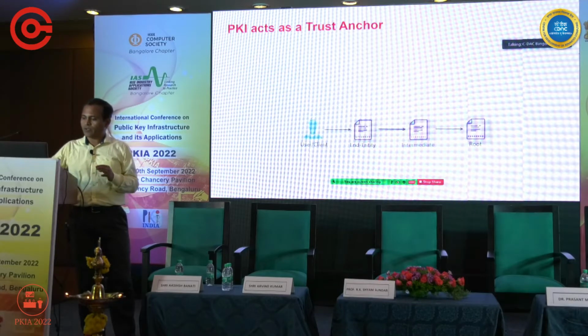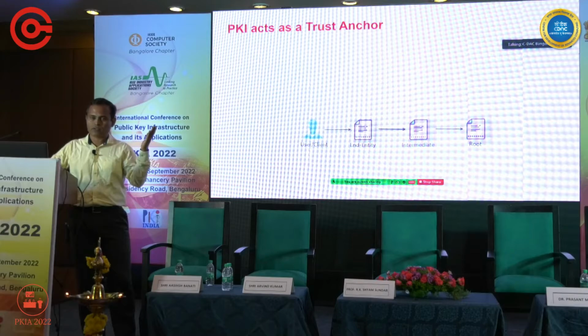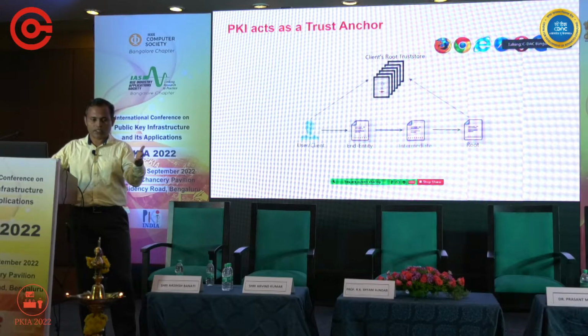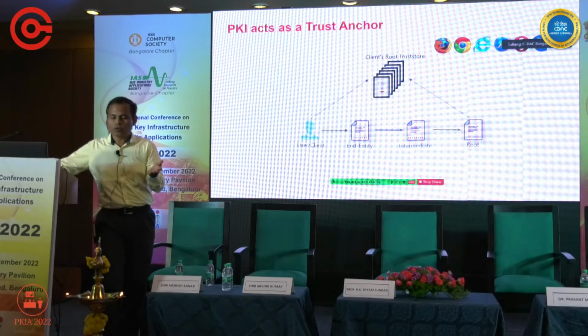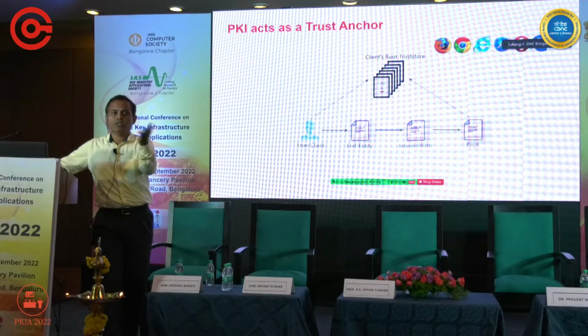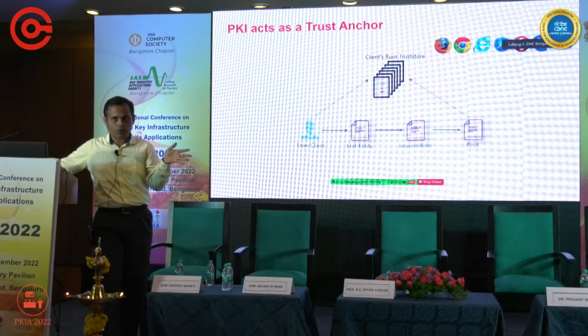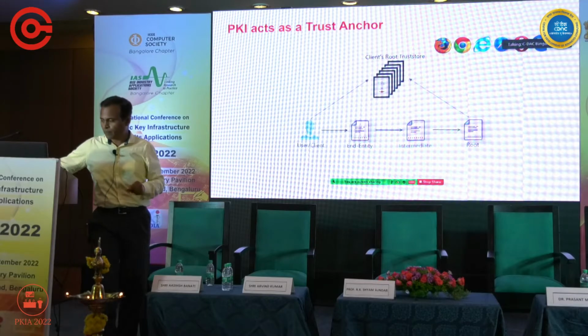If you want to verify a chain, you have to have a reference, and that reference is this set. This set is called the root trust store. Usually in our mobile devices, operating systems, and browsers have different trust stores.